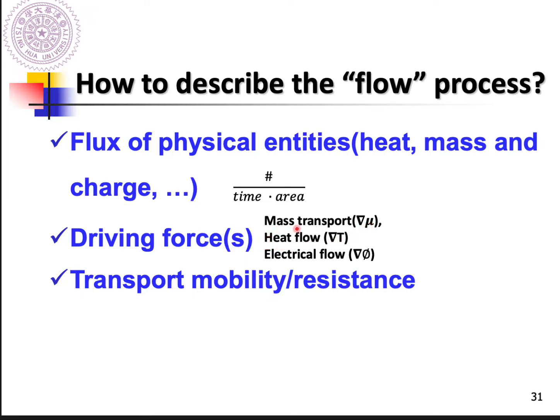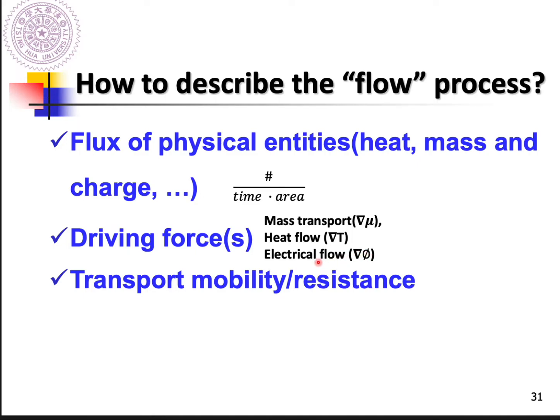To have a heat flow, the driving force usually is a temperature gradient. To drive current going through your materials, the driving force will be the electrical field, or you can say an electrical potential gradient can serve as a driving force to drive the current flow through your materials.